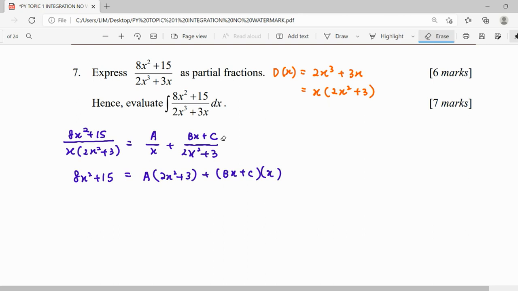In the case of 3 unknowns, we will let x take values 3 times to find out the unknowns. What values of x can we find? We can use our roots. One of the roots is x equals 0. Other roots we can't find. So we just find x equals 0 first.